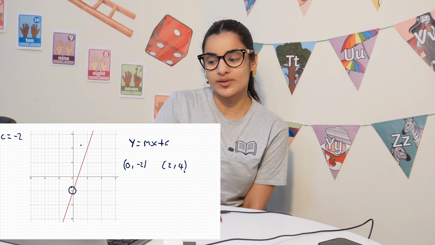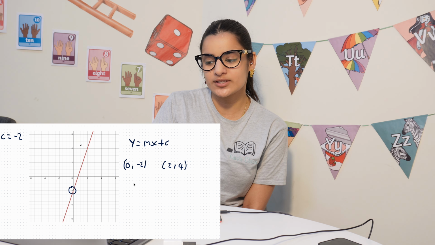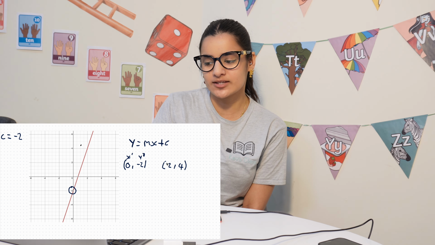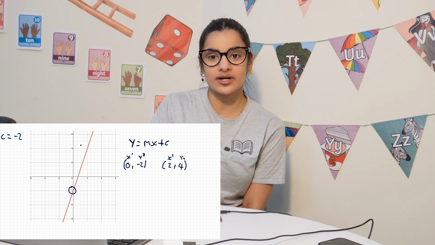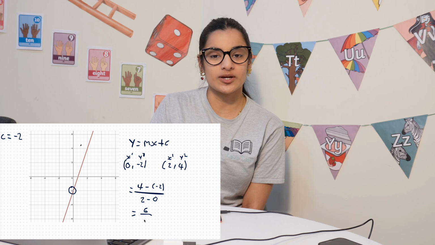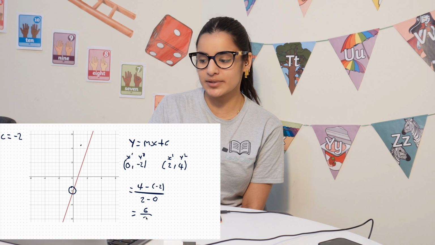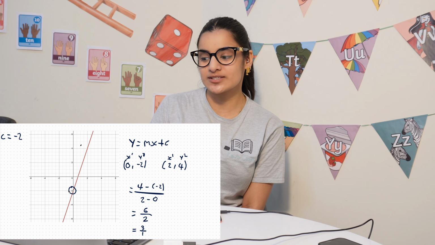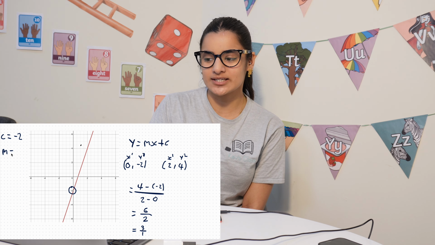So we know our gradient formula is m equals y2 minus y1 over x2 minus x1. And if we use our coordinates that we have, it would be 4 minus minus 2 over 2 minus 0, which simplifies to 6 because we're doing minus minus 2, which makes it a plus, and then over 2, which simplifies to 3 over 1, which further simplifies to 3, making my gradient 3.